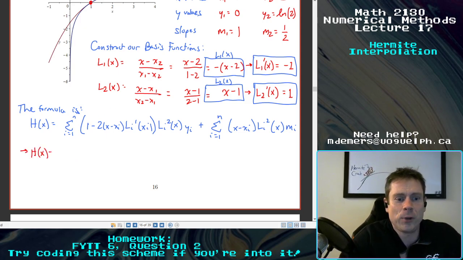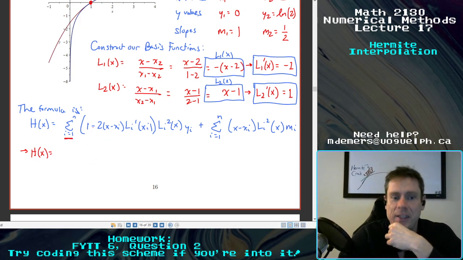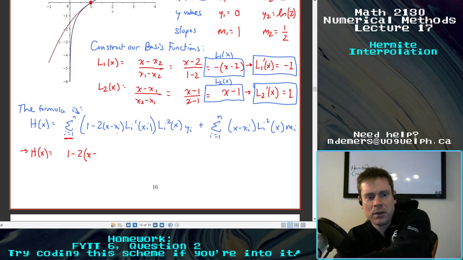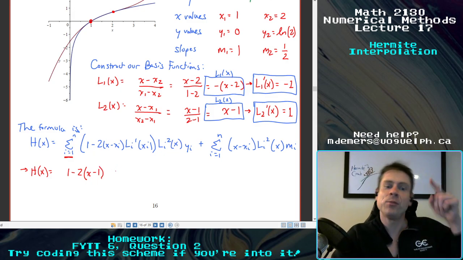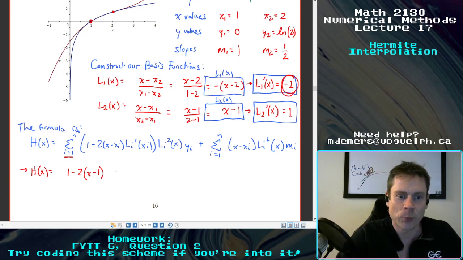So h of x equals, let's do the first one first. So when i is equal to 1, let's go through and plug in our different values. So we have 1 minus 2 times (x minus x1). x1 is just 1, if I just scroll up a little bit. So this is going to be an x minus 1 here, times L1 prime at x1. So L1 prime is negative 1, and at x1 is just going to be negative 1 as well. So I'm going to put that there, negative 1.